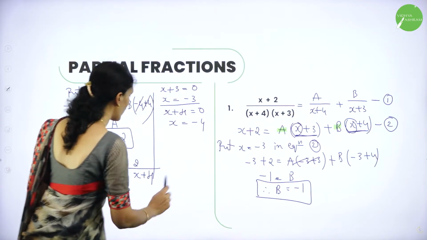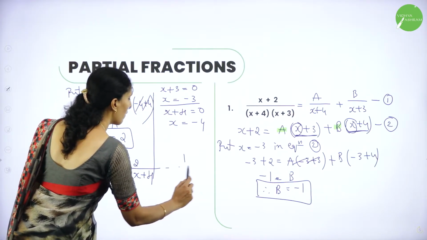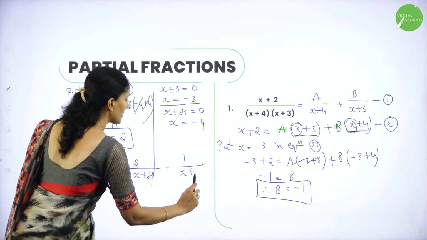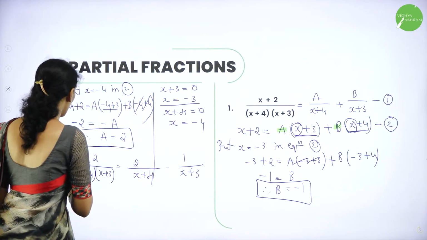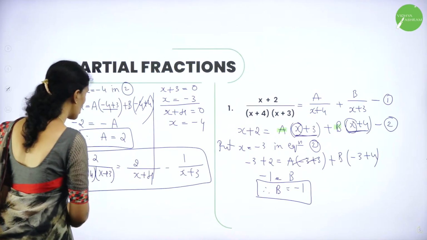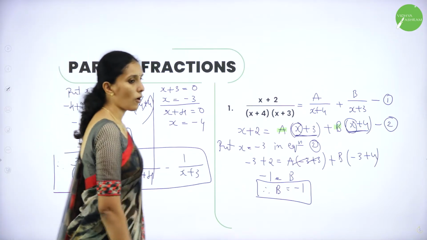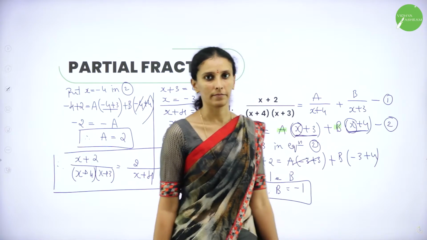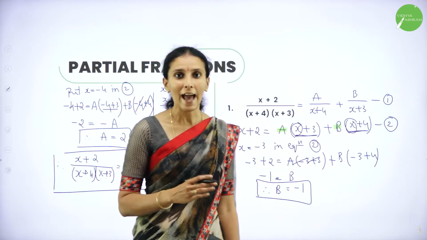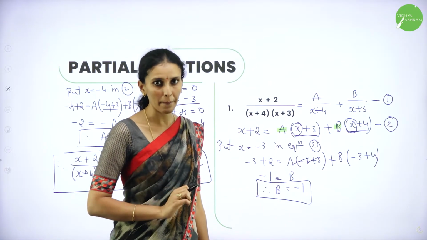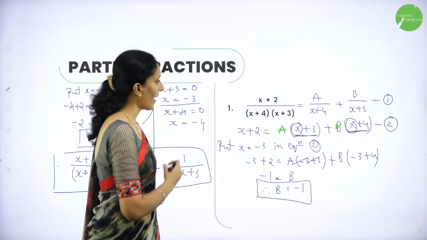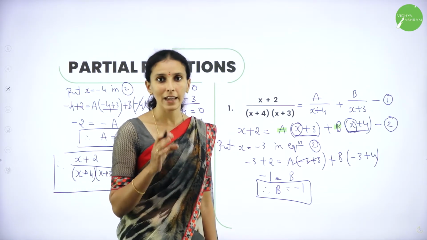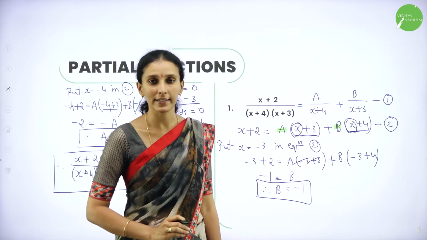When you substitute it, it becomes minus 1 divided by x plus 3. So this is how we have resolved a rational function as a sum of two simple partial fractions. This type of question carries 5 marks in your examination. Partial fraction is a compulsory 5 marks question in your examination.